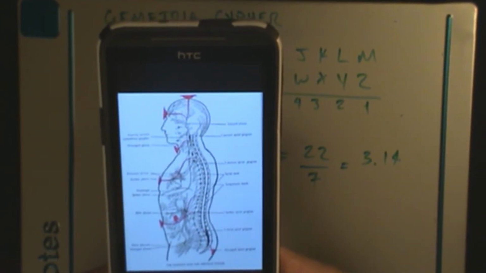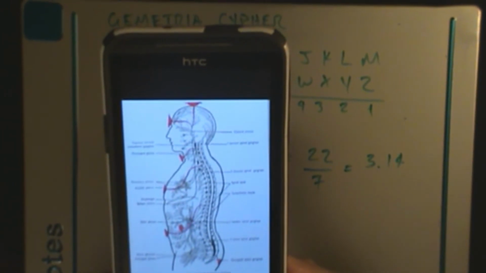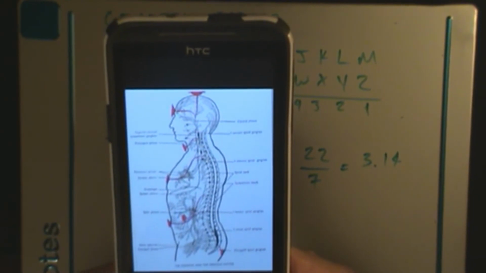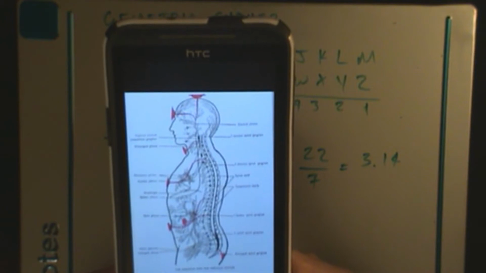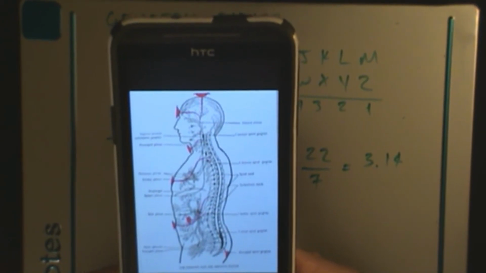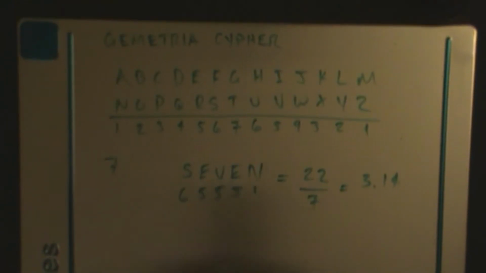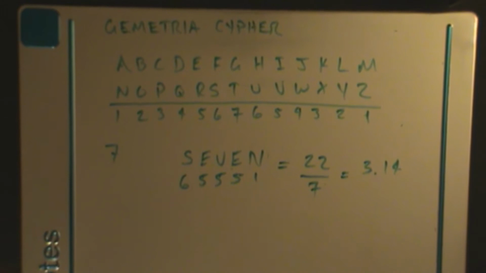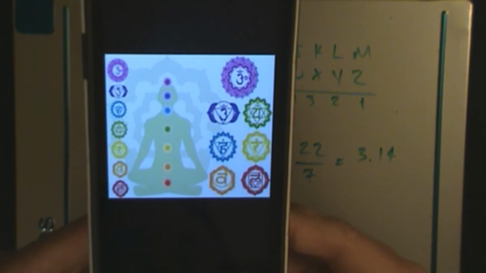Those chakras are actually made up of wheels that spin light or energy up and down our spine. So it's not ironic or coincidence that we have 7 main nerve ganglia that correspond to the 7 chakras. In the chakra system, they're typically shown as wheels that look something like this. So you have 7 of them.